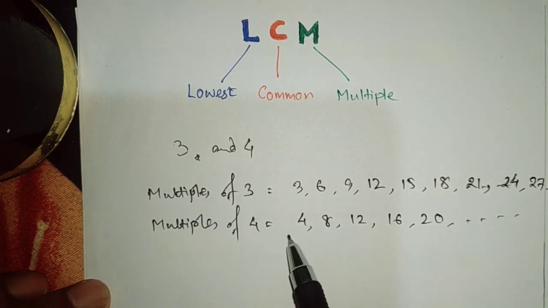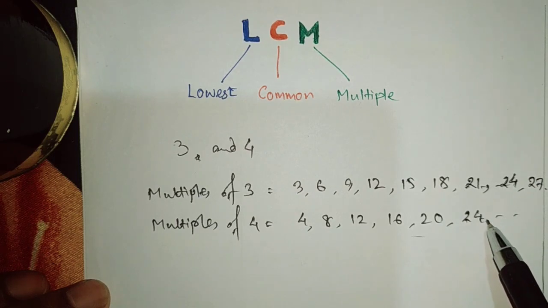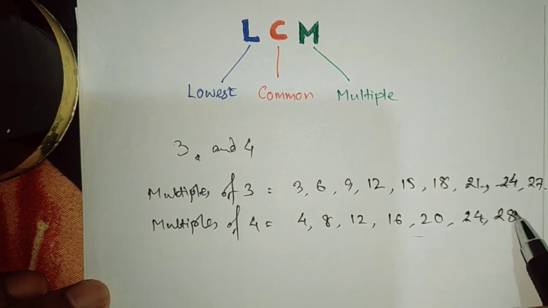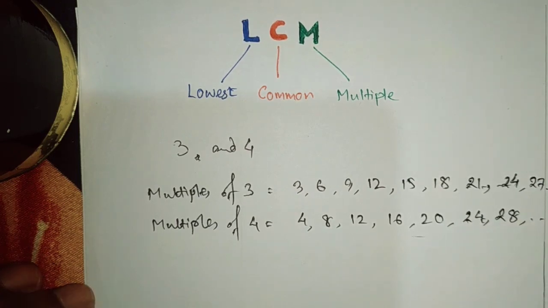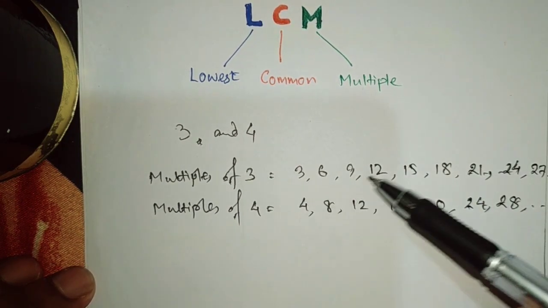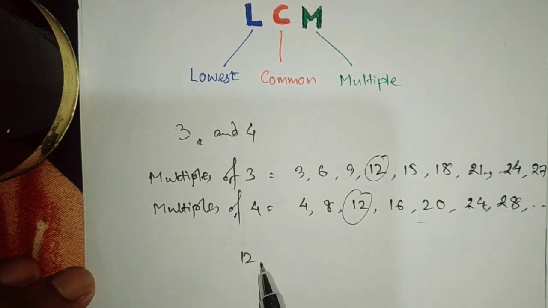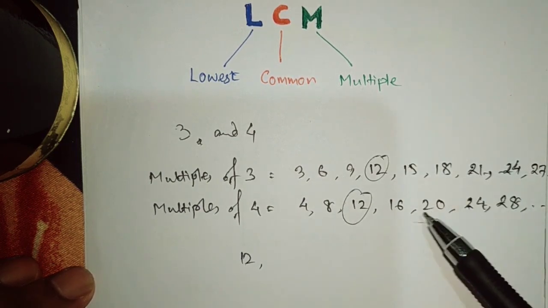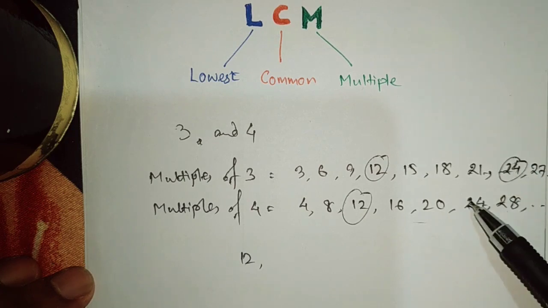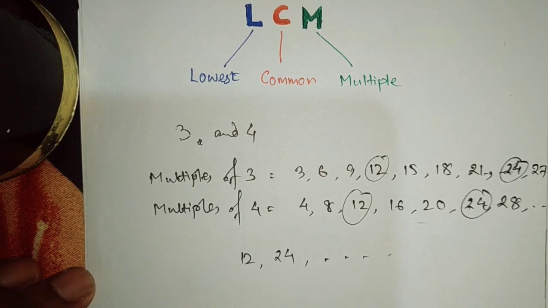In the case of 4, after 20 we'll get 24, then 28, and so on. So what are the common multiples of 3 and 4? We can see this 12, and after 12 we get 24, and so on, we'll keep getting.